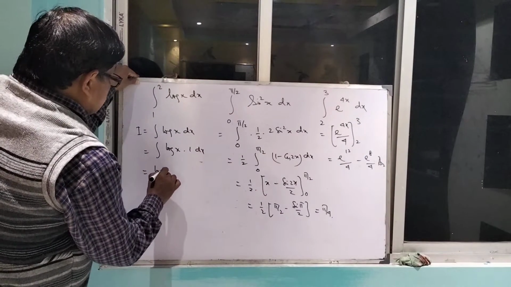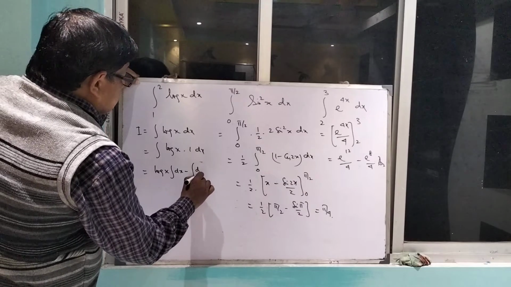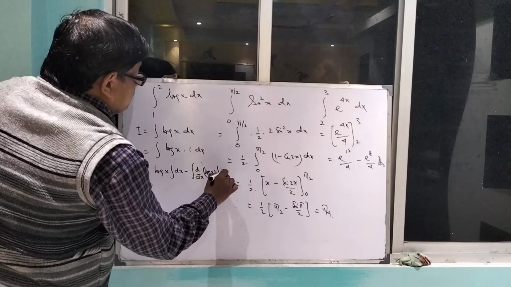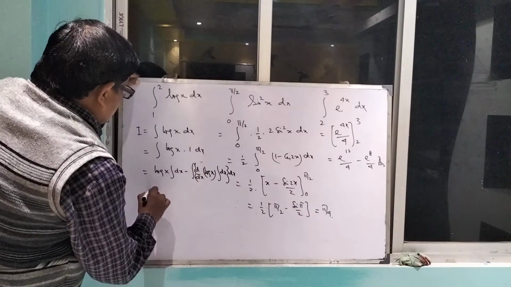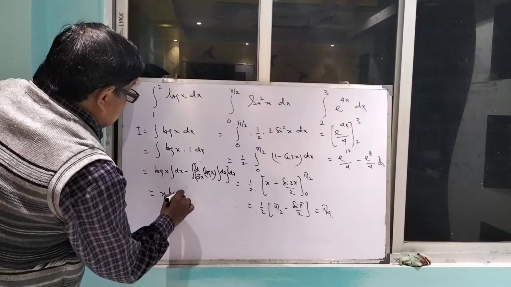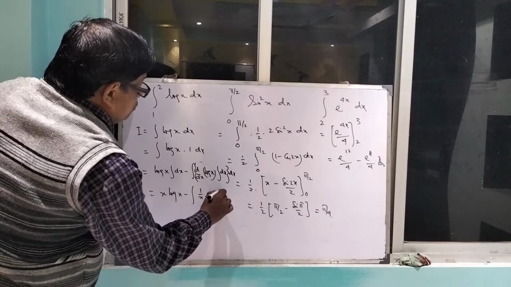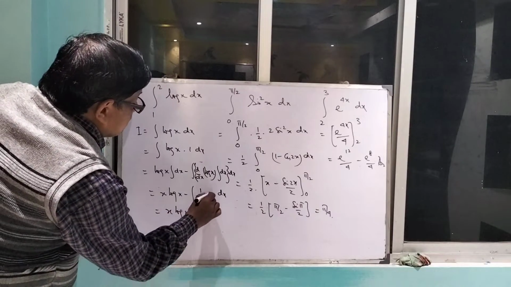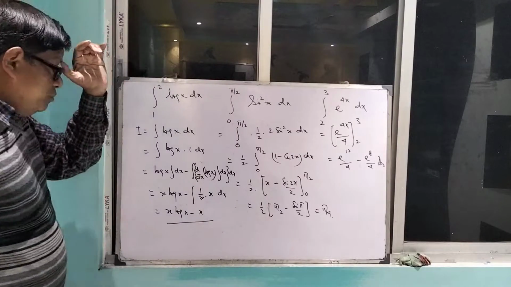So write log x integration dx minus d by dx of log x, integration dx, whole dx. Okay, now x log x minus, derivative of log x is 1 by x, into x, whole dx. So write x log x minus, this is cancelled, so x. Okay, we are not writing constant here.